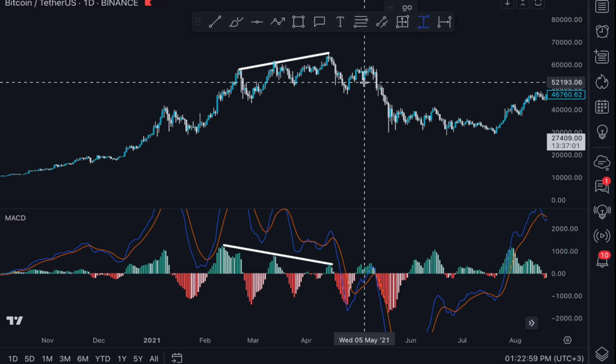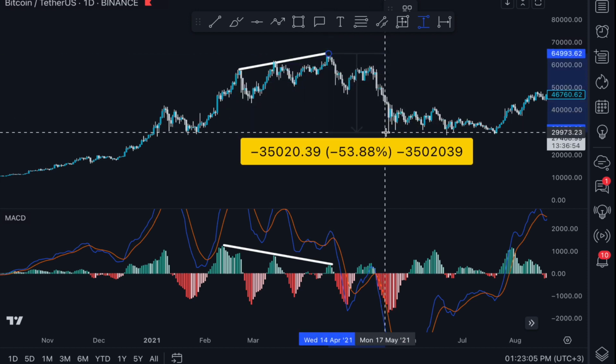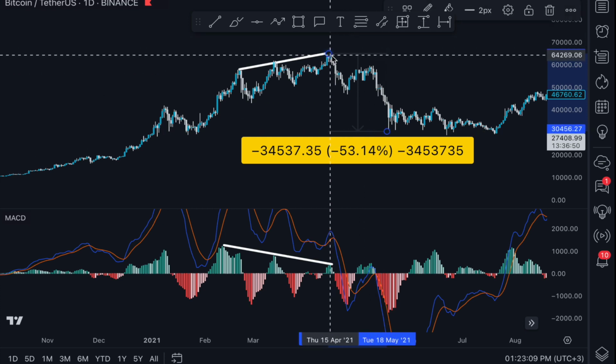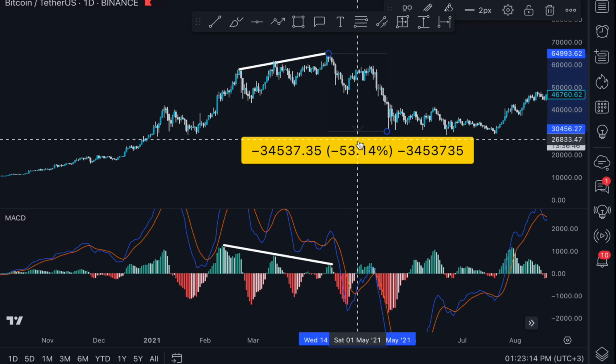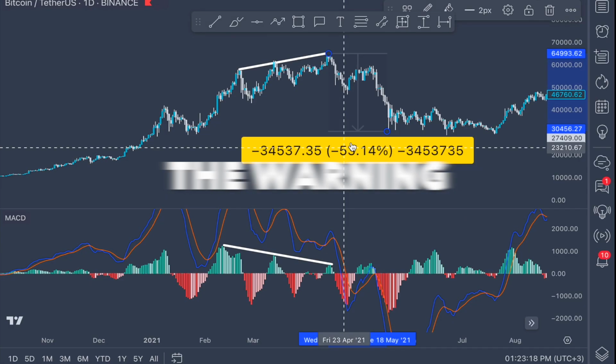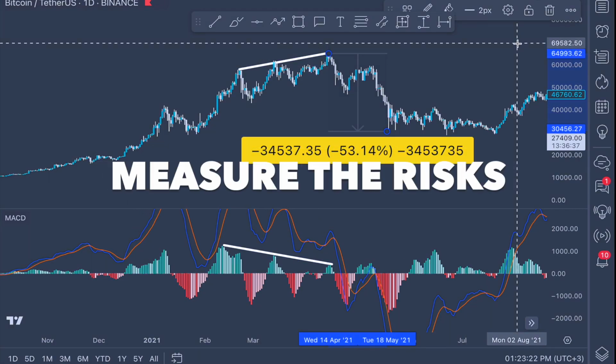In the end, Bitcoin corrected from its all-time highest level at that time to approximately the $30,000 level. If you decided to open a short position after seeing this bearish divergence, you could get even more than 53% of profit.